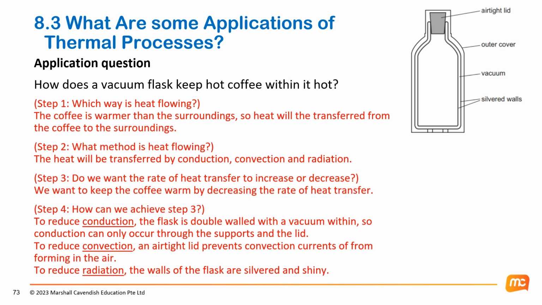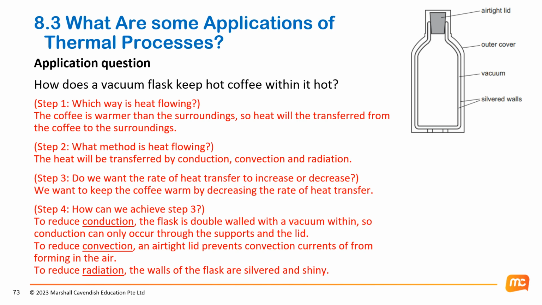So where can conduction occur? Only through the lid and some of the supports, which are minimized. The lid itself is also made of an insulating material, and so are the supports. To reduce convection, you have an airtight lid, so the convection currents will not form in the air above it, just like in the coffee cup example earlier on in this chapter.